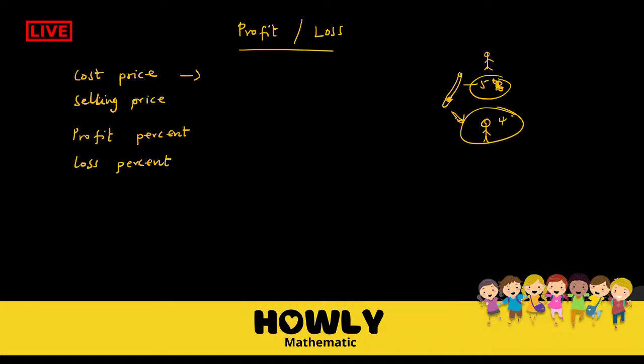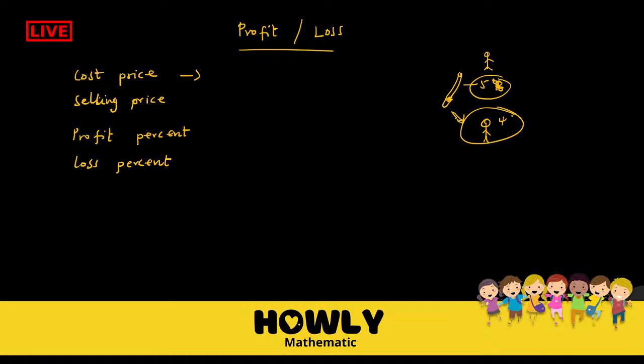Most of the calculations we are going to be doing, the most important thing is when the question is given to you, you should be able to identify which one is the cost price and the selling price.